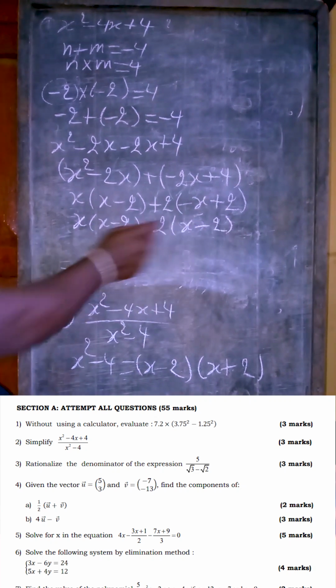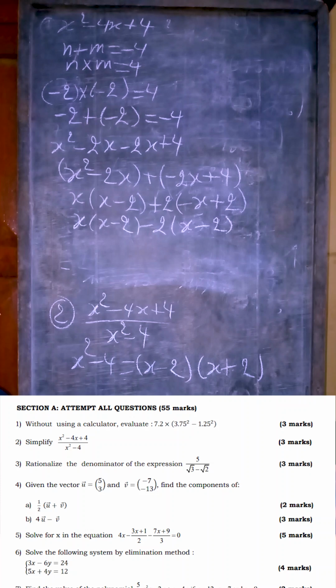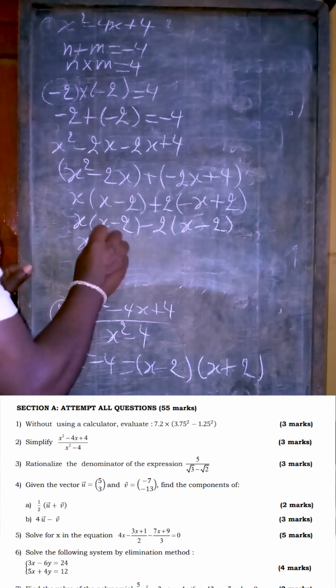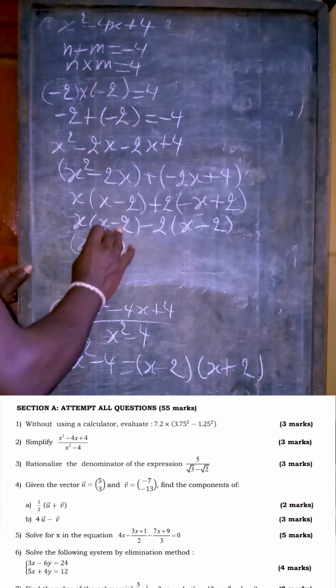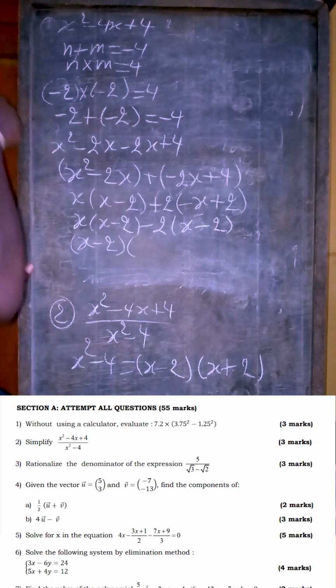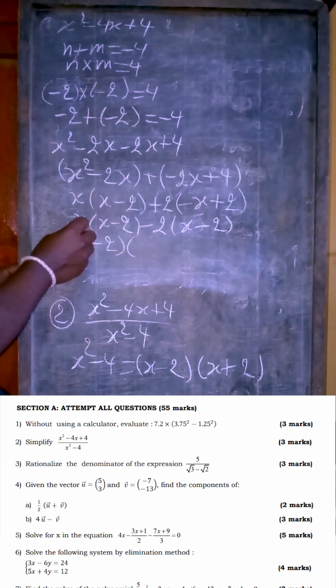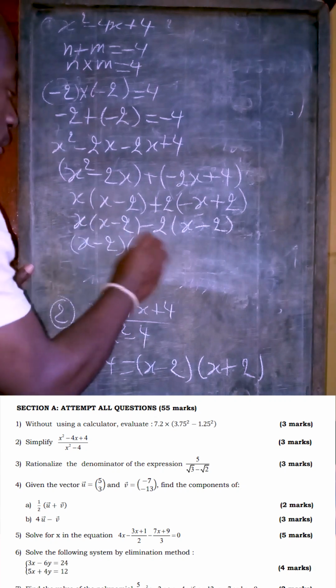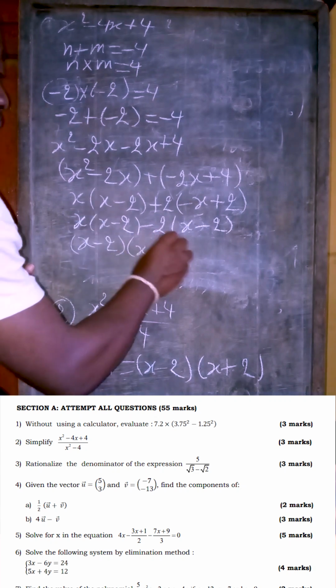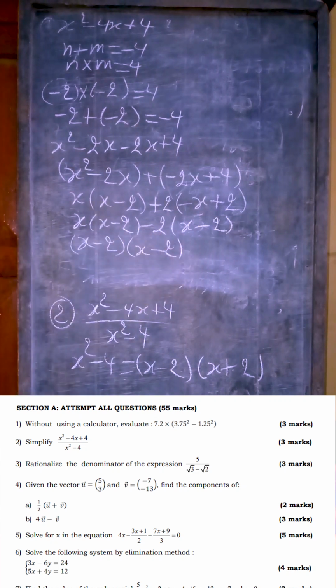After having the same factors, we write one factor among these and another factor which is made by the values which are outside. It will be x minus 2 as this factor, times another factor made by this x, then also this minus 2.